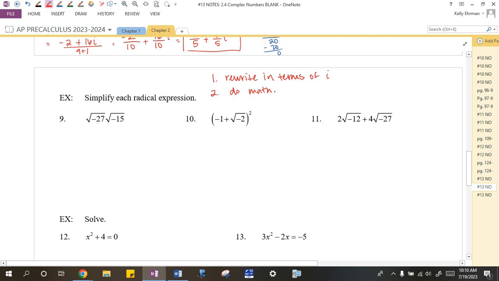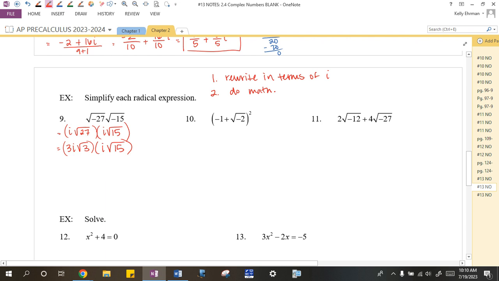So first we're going to start with, if we can simplify the radicals, we should. So we're going to start with square root of negative 27. That is the same as i radical 27 times i radical 15. So first off, there's that. And maybe I'll put parentheses around here. Now radical 27 simplifies, so if you'd like to take it further, I would write it like this: 3i radical 3 times i radical 15.